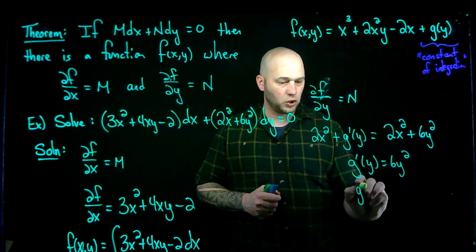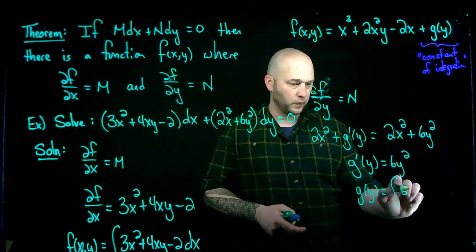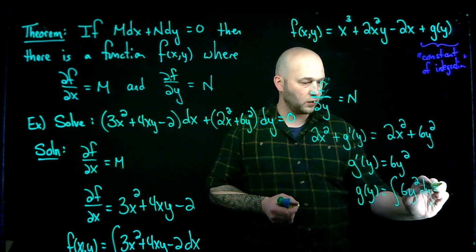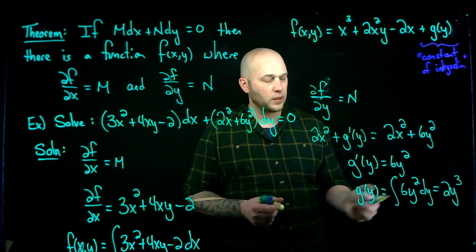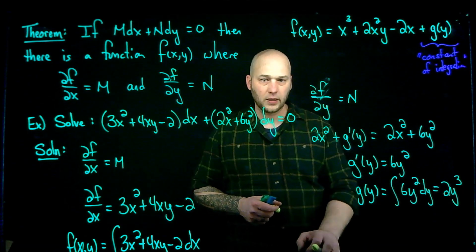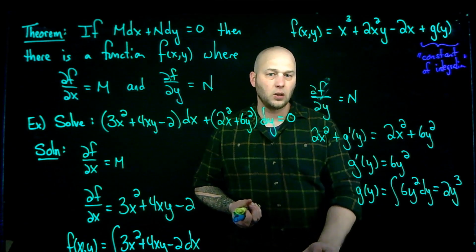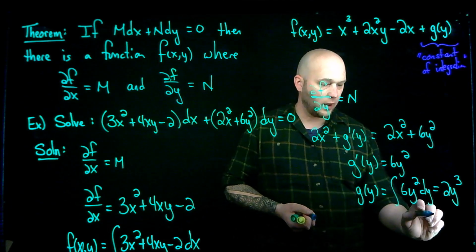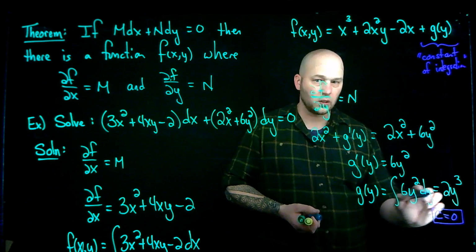So that means g of y is going to be the integral of 6y squared dy, which is 2y cubed. And I know that, of course, the constant of integration here would be like a plus c, but I'm going to just continue on with pretending that it's 0. So we'll see why I do that in the end, but I'm going to say that c is equal to 0.